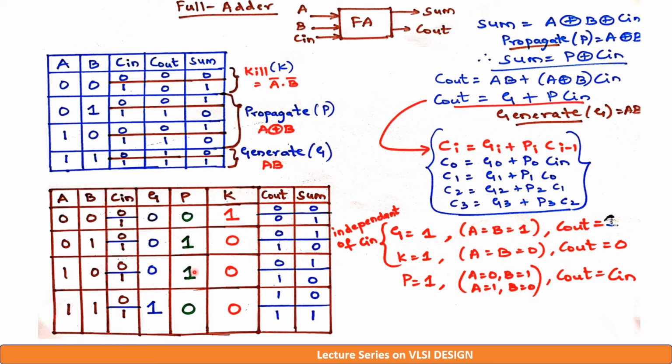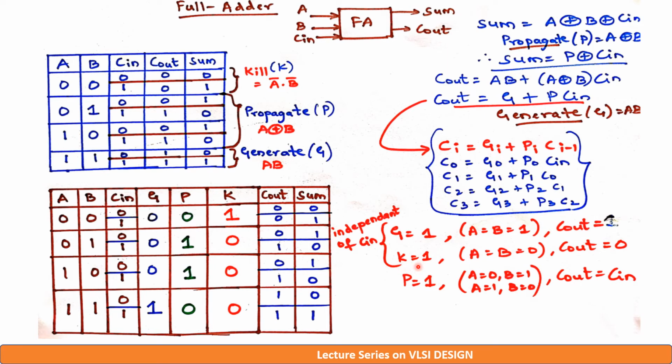Propagate 1 indicates A, B value can be 0, 1 or 1, 0, and carry out is exactly equal to C in value. So generate, propagate and kill signals are mutually exclusive. That is, among generate, propagate and kill signals, only one of them can be logic 1 at a time.